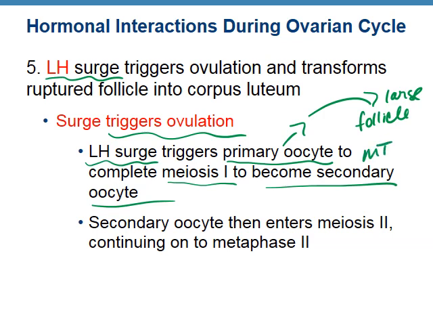It's going to complete meiosis 1 before we have ovulation, or it's going to be triggered to happen right at the LH surge, and then you're going to have ovulation. I don't know the timing exactly between the two. When does it complete meiosis 1, and when does the LH surge play out, and when does the oocyte get ejected? But it all happens relatively at the same time.